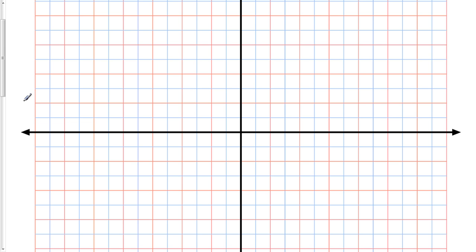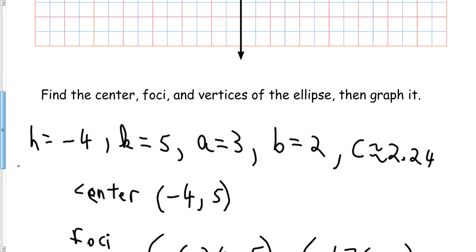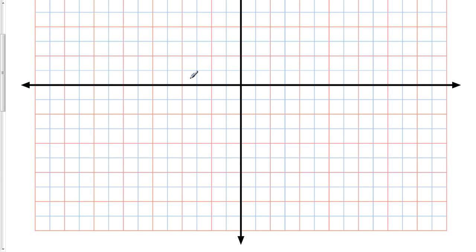Well, the center is not actually on the ellipse. It's negative 4, 5. That's the central point. That's the center.